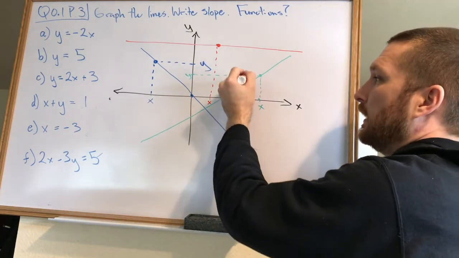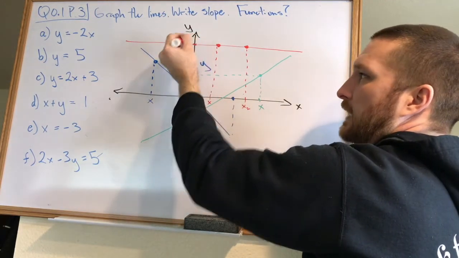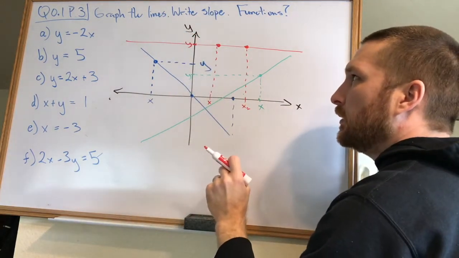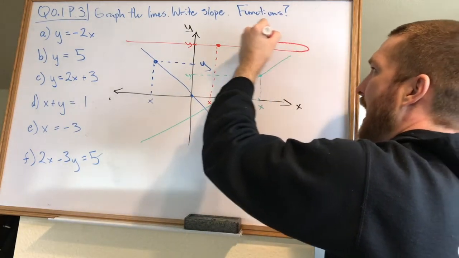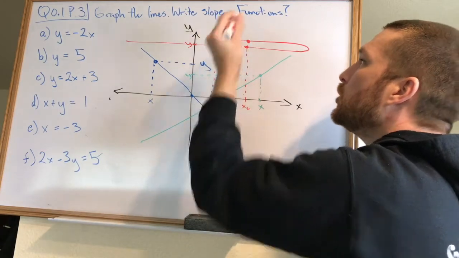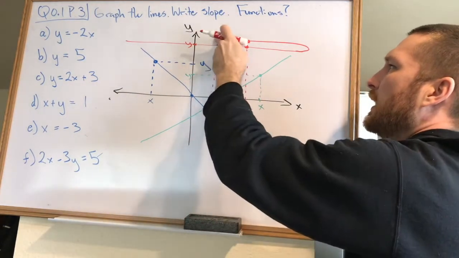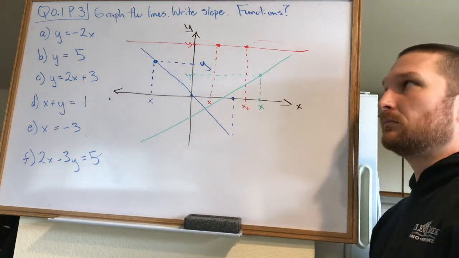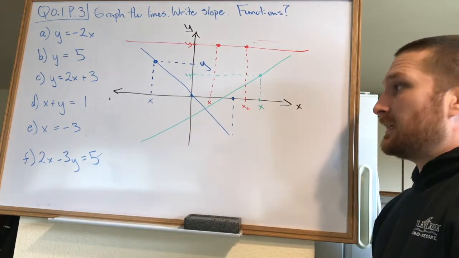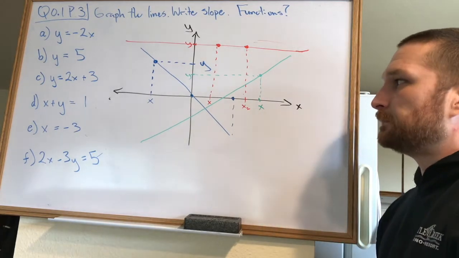Plug it in. It may give you the same y value that the first one did, but it's only one of them. This line never comes back over itself to give you two outputs for one input. So a horizontal line is perfectly good. It's a function. It is, by definition, one input goes to one output and you're done.